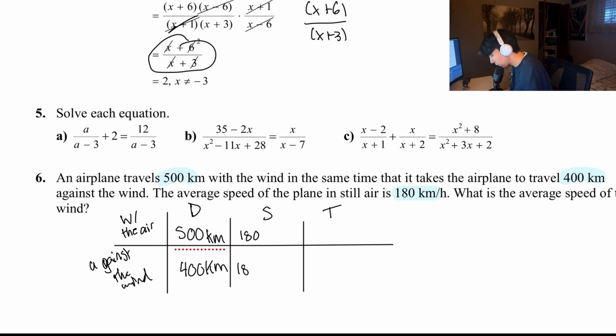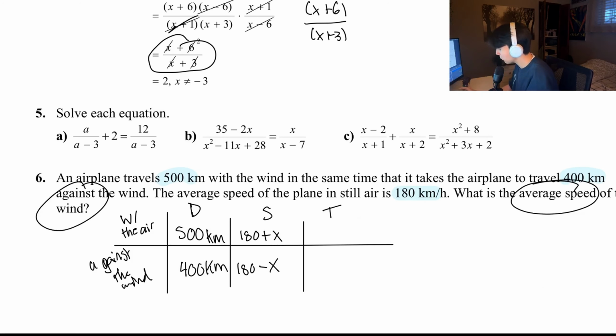Since we're going with the air on the first one, we're going to have plus, because going with the air increases the speed. If we go against it, it decreases the speed, which is going to be minus x. So minus x is minus the speed of the wind, and plus x is plus the speed of the wind. So x is equal to the speed of the wind, which is what we're looking for in our equation.